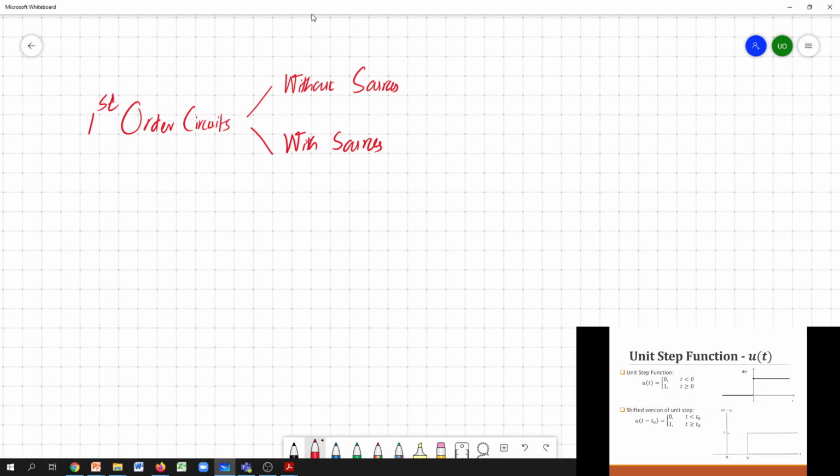So in without sources, what we basically explained is the impact due to initial conditions. The capacitor or inductor is basically charged to whatever voltage or current. Then these elements act as a kind of voltage source or current source in the circuit, and that source basically powers the circuit.